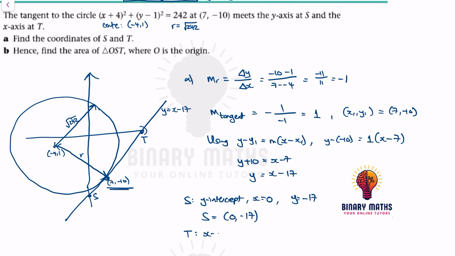T is the x-intercept, which implies y equal to 0, which implies 0 is equal to x take away 17. So x is equal to 17, which means T is equal to 17, 0.